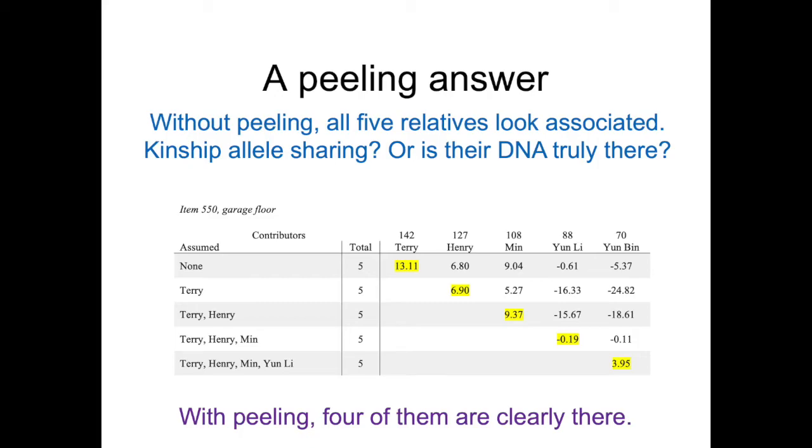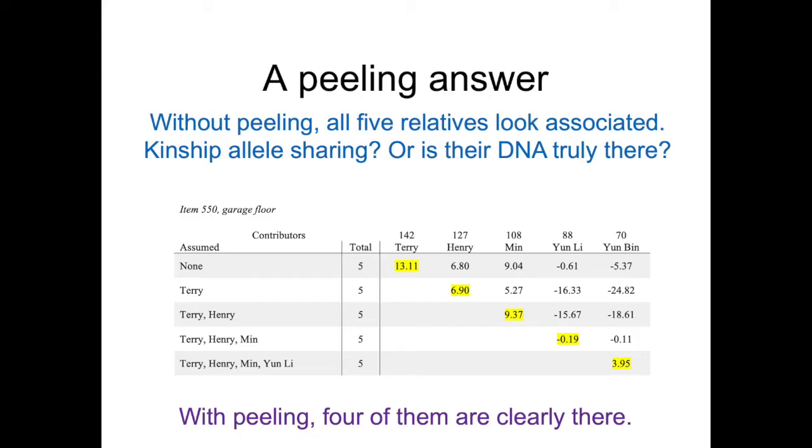TrueAllele gave a peeling answer. Looking at this match table, calculated at a 3% coancestry coefficient value, we see a comparison between the garage floor DNA separated genotypes and the 5 reference samples.